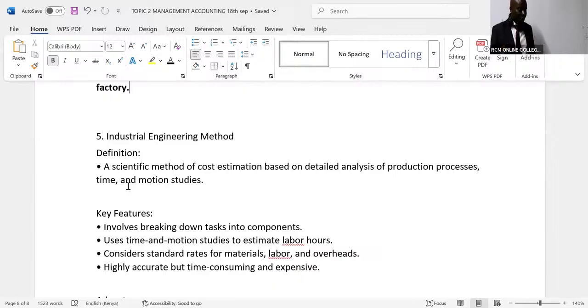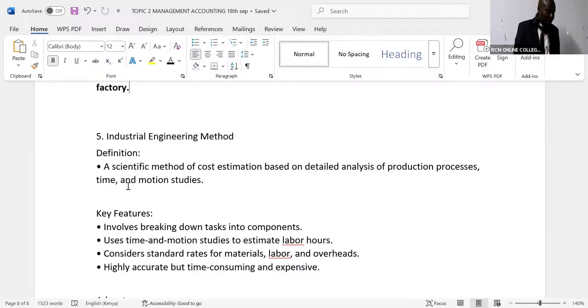So under industrial engineering, from the word engineer. So in this case here, we have to break down. When it's industrial engineering method, perhaps you've been able to know that you want to come up with a vehicle, like a Toyota. So these experts will be able to dress down this vehicle. They'll be able to say, in this vehicle, we need raw materials worth this much. We need labor worth this much.